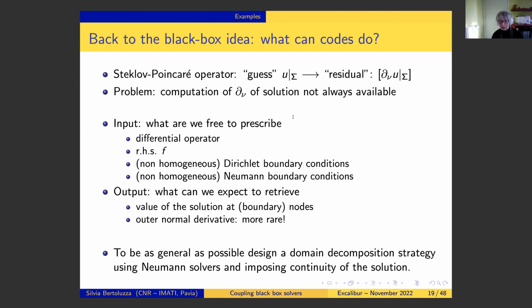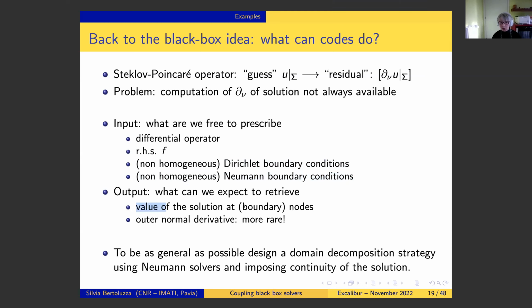In general, if we ask ourselves what Poisson solvers let you prescribe, and what kind of output you can be sure of retrieving: of course, you are free to prescribe the differential operator and the right-hand side. You are free to prescribe generally non-homogeneous Dirichlet boundary conditions and non-homogeneous Neumann boundary conditions.